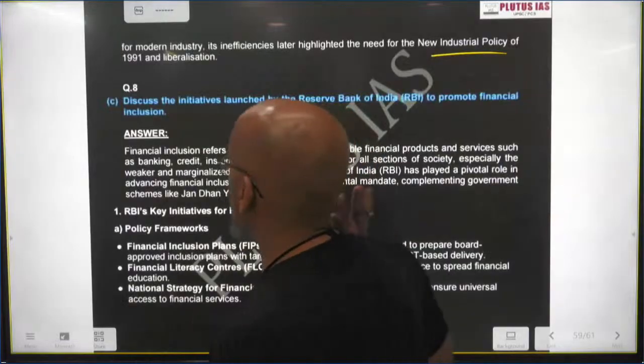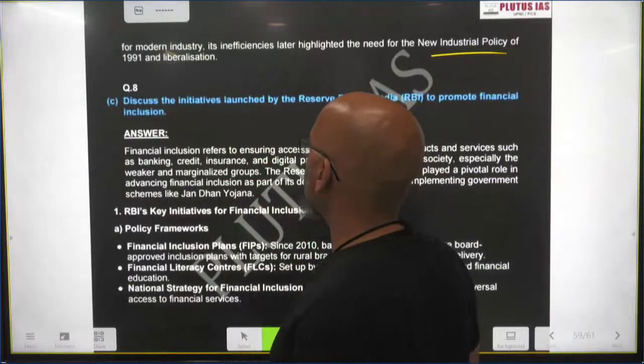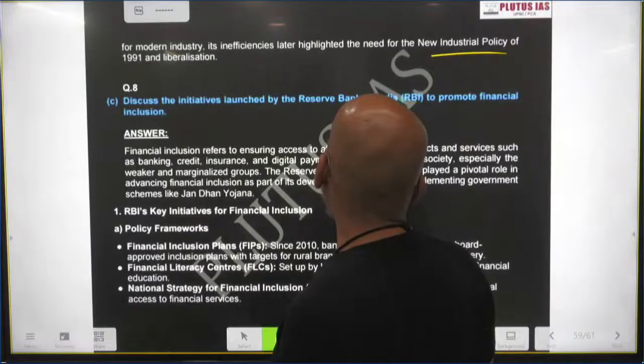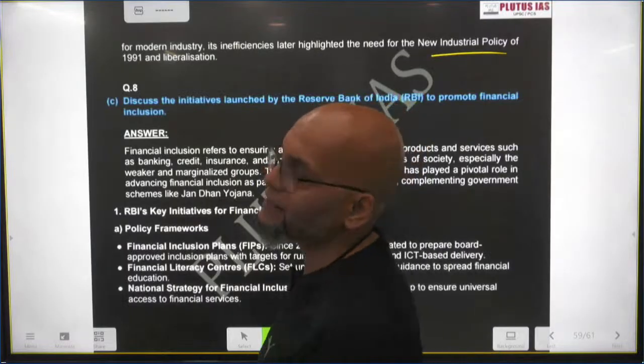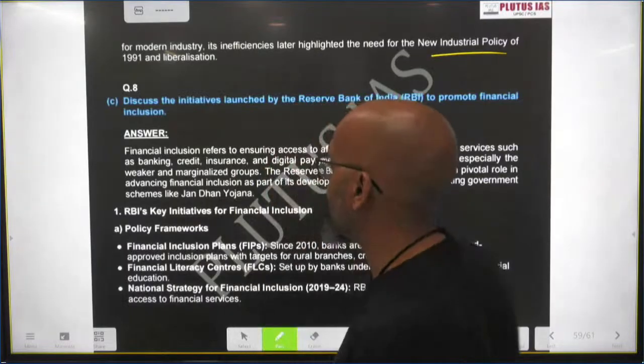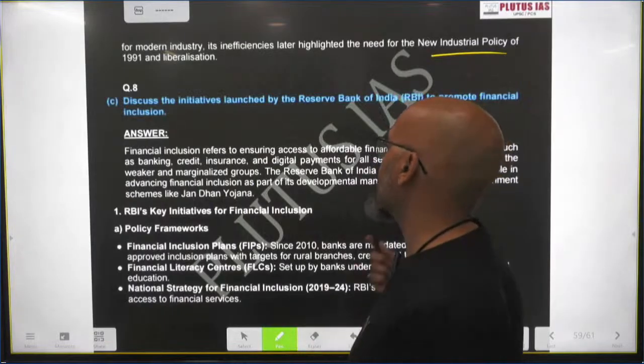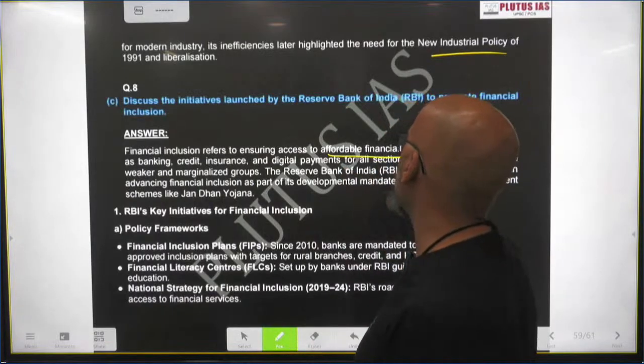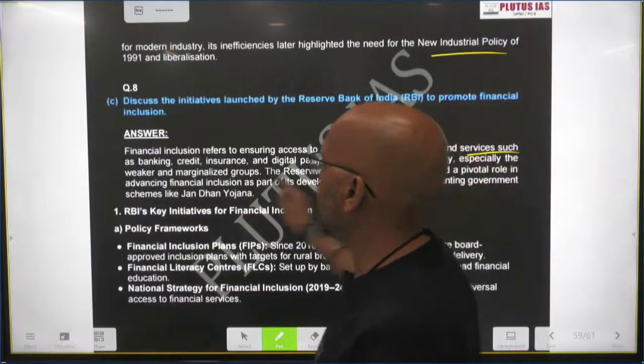Last question of the paper: discuss the initiatives launched by the Reserve Bank of India to promote financial inclusion. Again, a very easy question. Financial inclusion refers to ensuring access to affordable financial products and services such as banking.